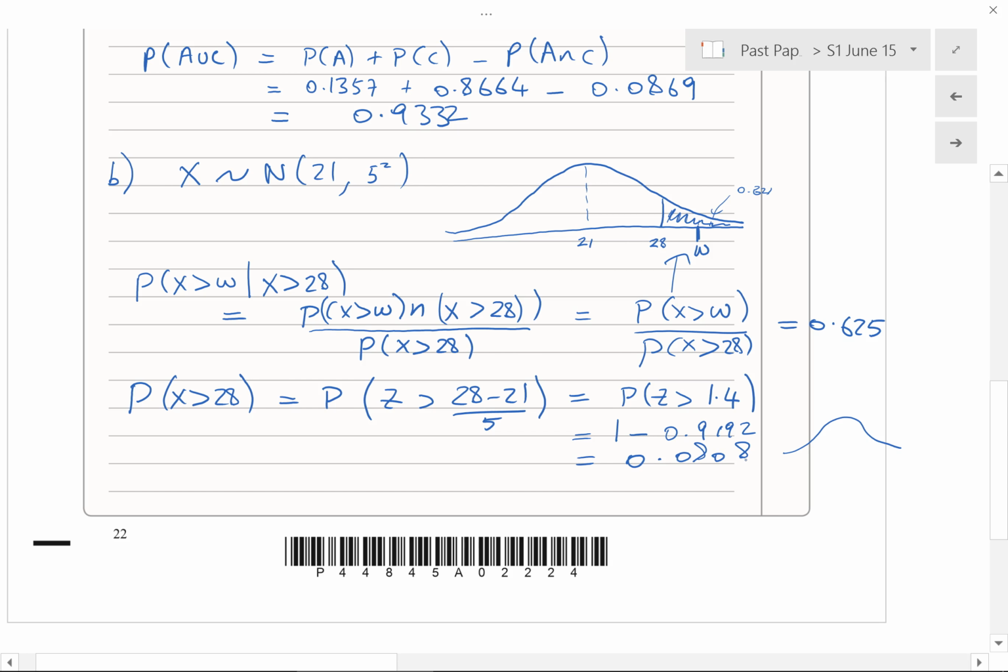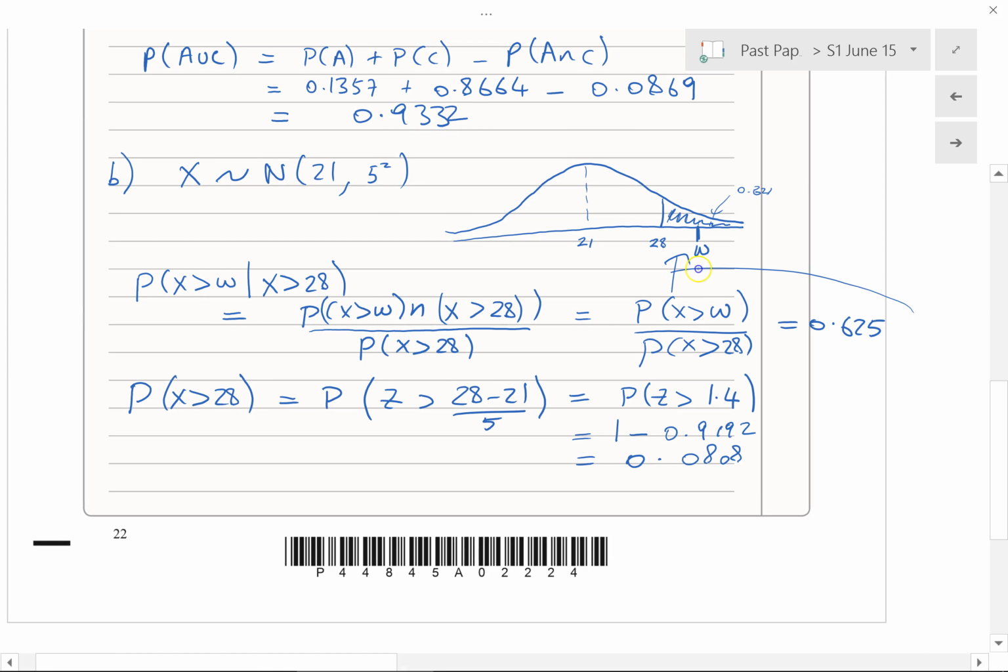Okay, that's the number in there. I'm using tables, not a calculator for these things. One day I'll figure out how that all works, but I tend to use tables. So that's P(x greater than 28).